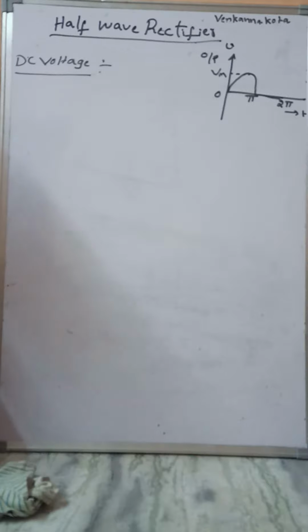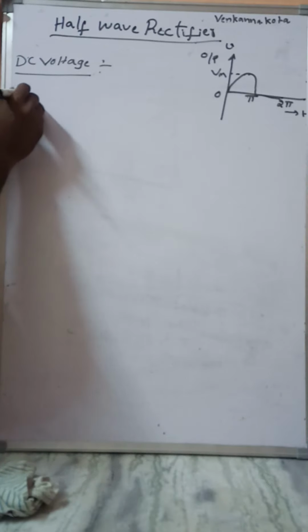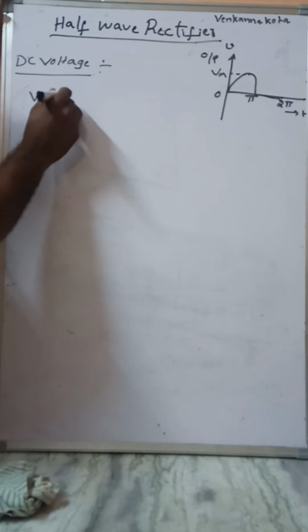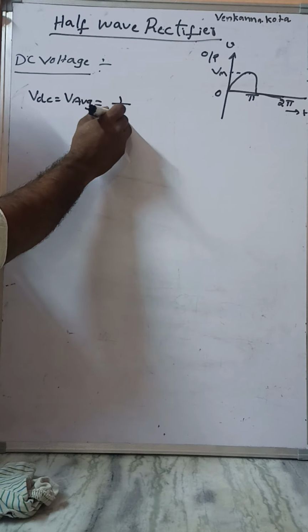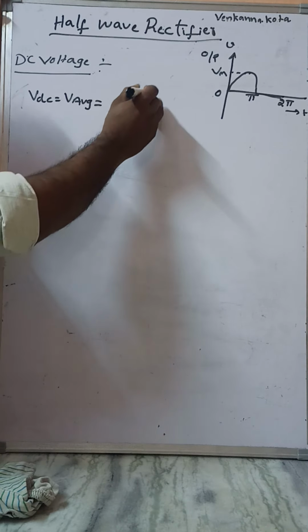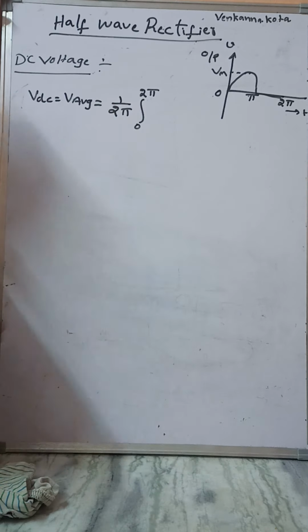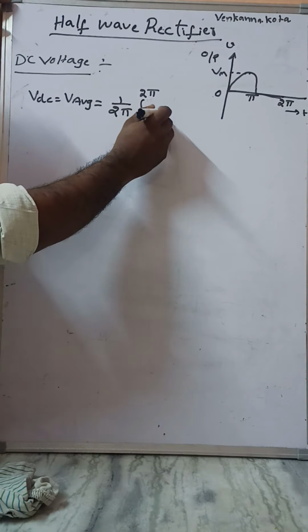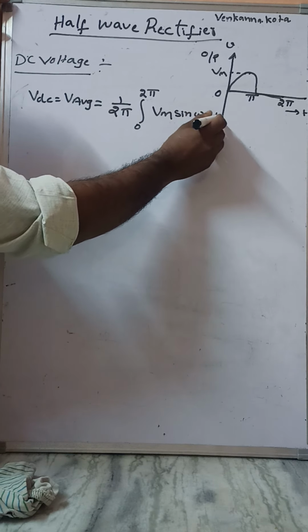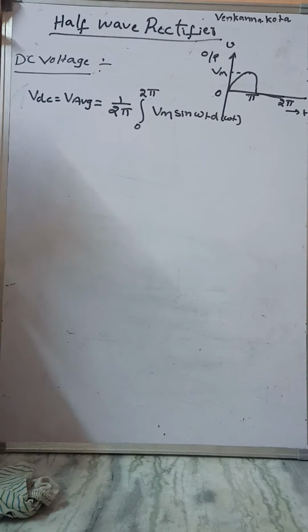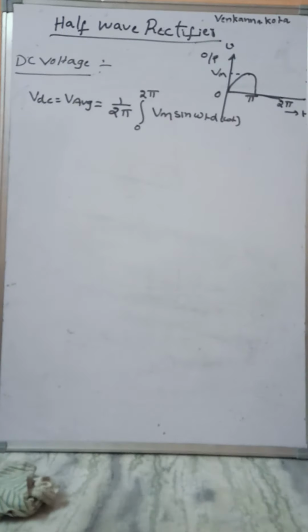The basic formula of DC or average voltage: VDC or V average is equal to 1 by 2 pi, integration 0 to 2 pi, Vm sin omega t d omega t. So this is the basic equation for the determination of DC voltage.